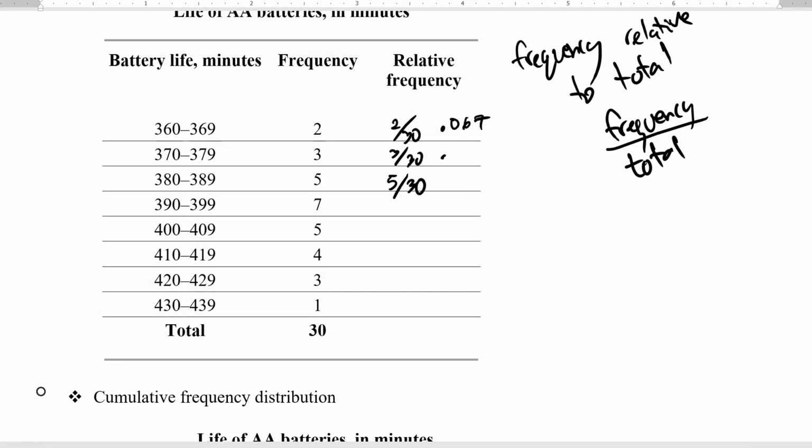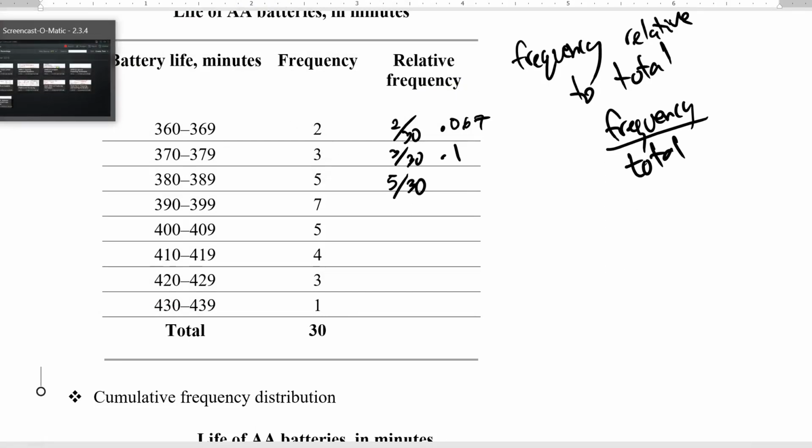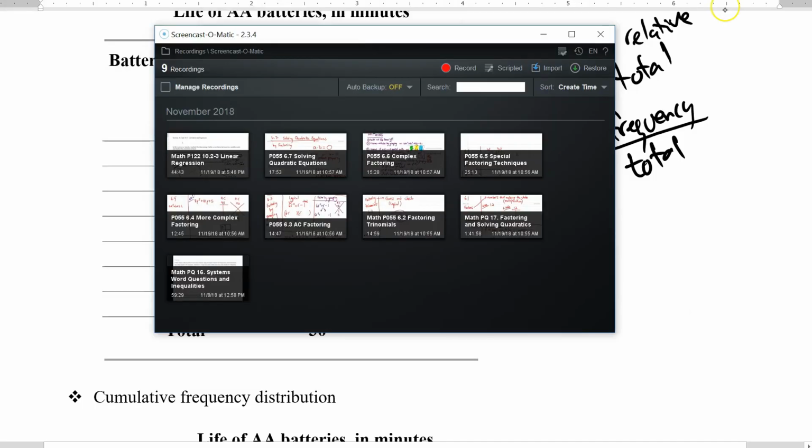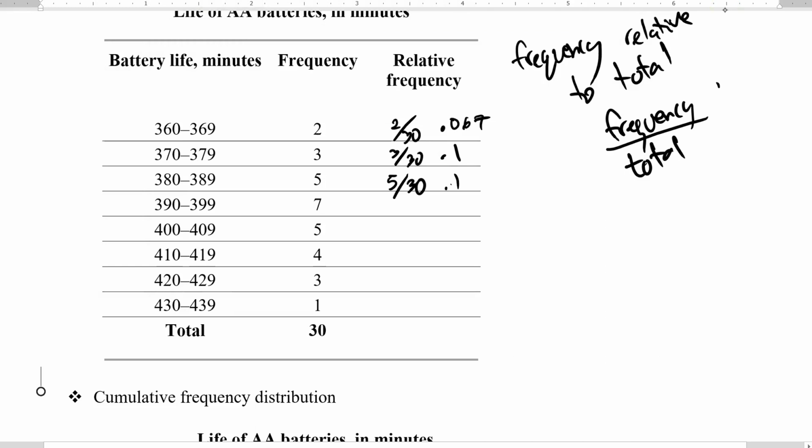Next one, 3 out of 30 would be 0.10. 5 out of 30, I think we have some technology for that. 5 out of 30, 0.1667. Then 7 out of 30, 5 out of 30, 4 out of 30, 3 out of 30, and 1 out of 30.